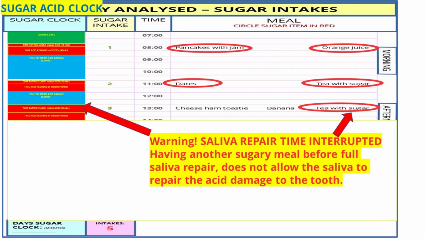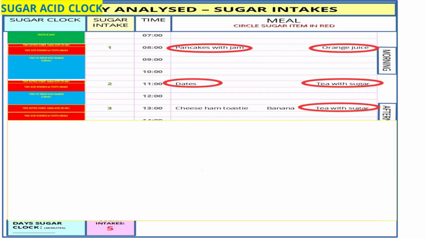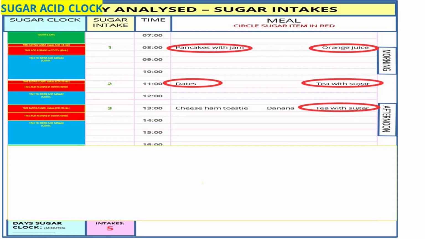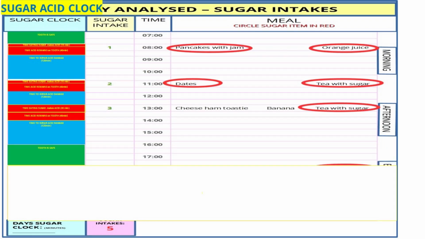So having another sugary meal before saliva repair of 120 minutes does not allow the saliva to repair the acid damage to the tooth from the previous sugar intake. So we have a 50-minute sugar acid clock for the tea with sugar, plus a 120-minute saliva repair time, and a time when the tooth is safe.